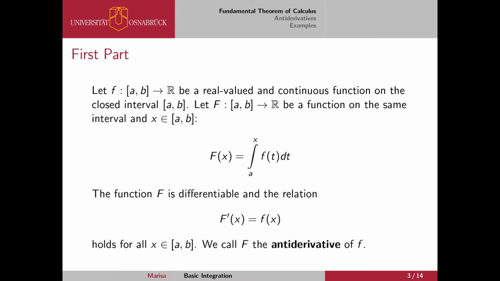The function F is differentiable, and the following relation holds. The derivative of the function capital F of x is equal to the function f of x for all x. We call the function capital F the antiderivative of the function f. Let's take this apart and understand the meaning.